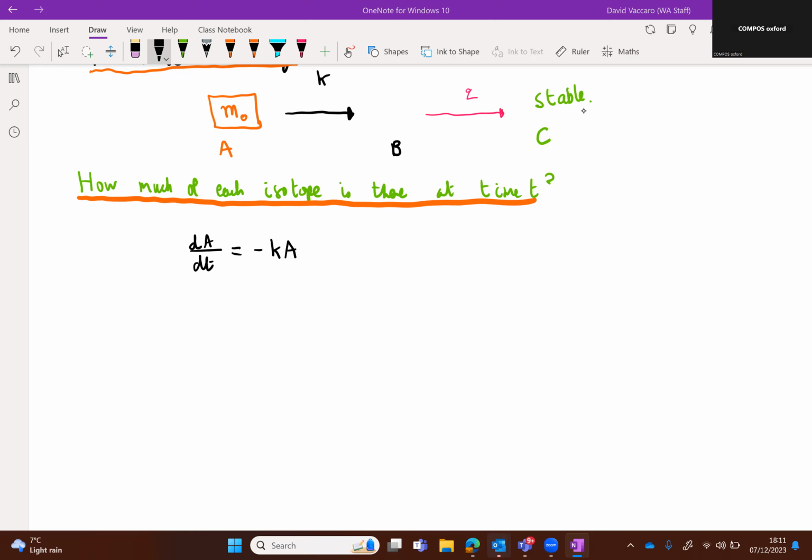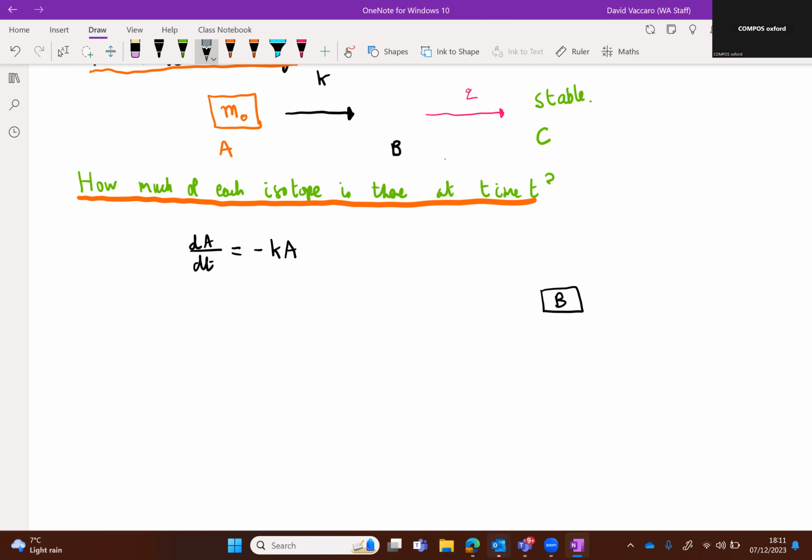Now, a test to see if people are listening and awake. Can anyone suggest a differential equation satisfied by material B? Material B is interesting because it's not just simple decay. There are two things happening.